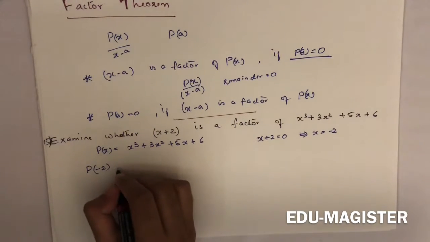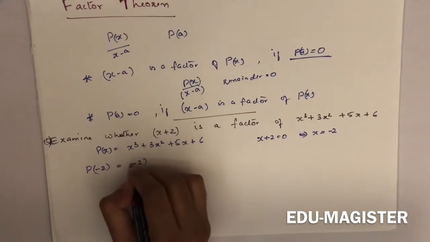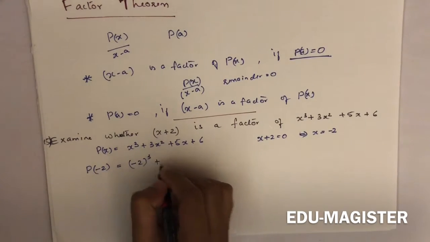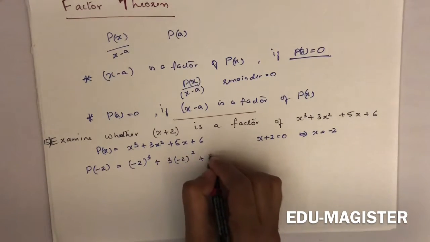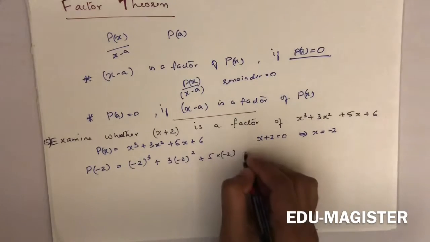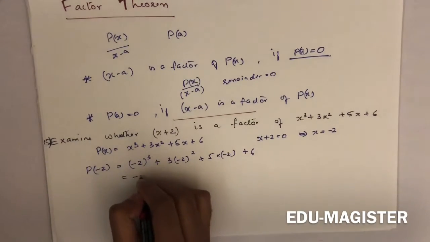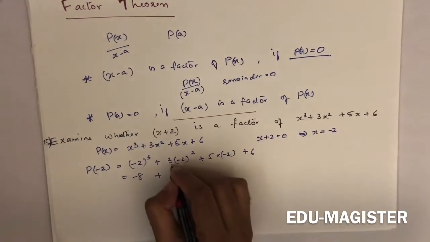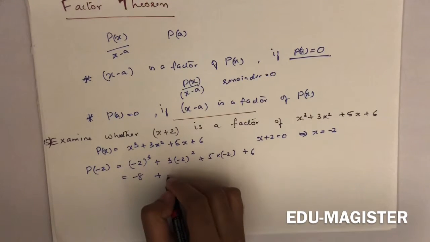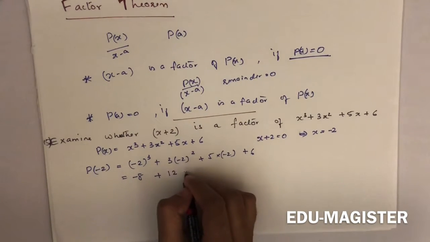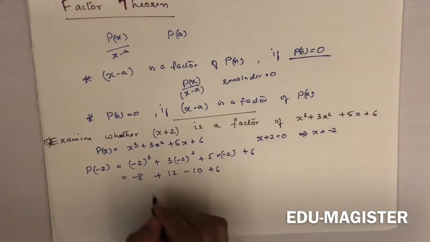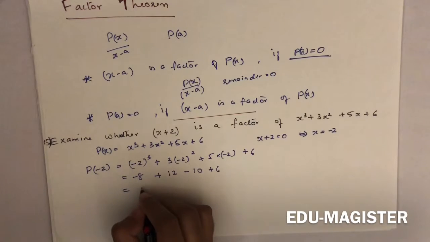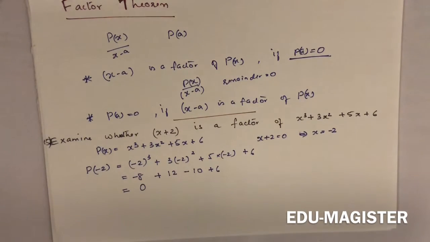So let's begin. Now p of minus 2 will be minus 2 raised to the power 3 plus 3 into minus 2 squared plus 5 into minus 2 plus 6. So this is minus 8 plus 3 into 4, which is 12, minus 10 plus 6. Now if you work this out, you will get the answer as 0.